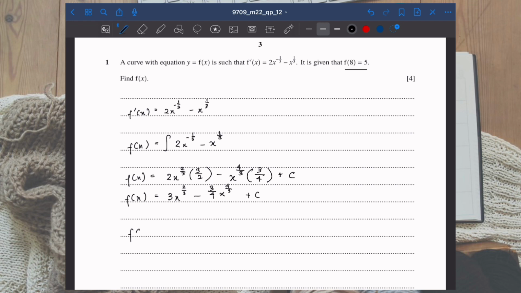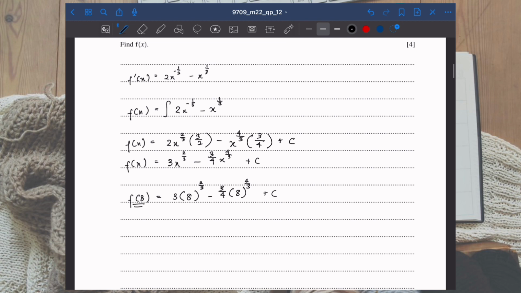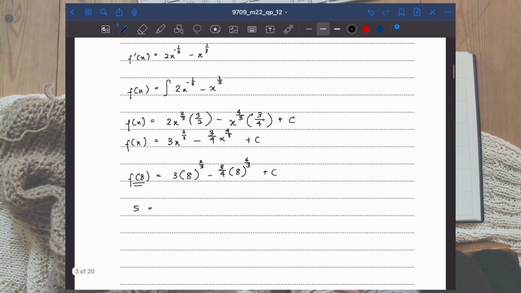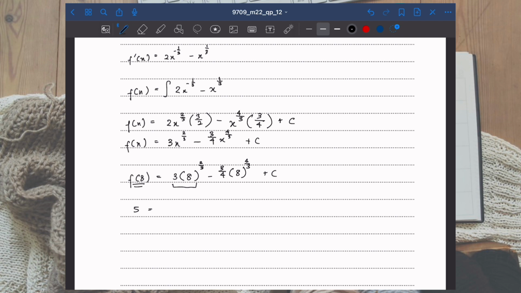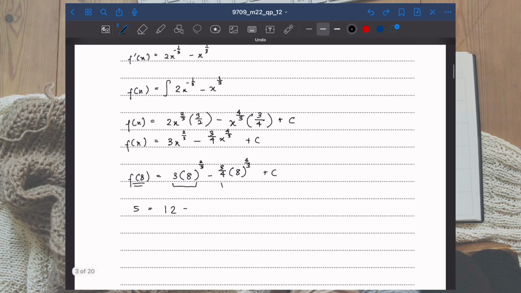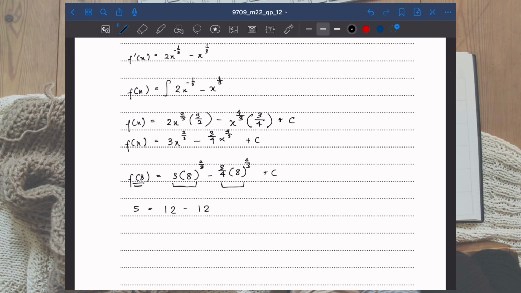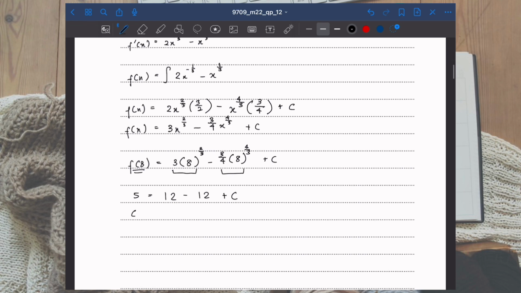So our f of 8 will be 3 times 8 power 2 over 3 minus 3 over 4 times 8 power 4 over 3 plus c. Our f of 8 is also 5, so 5 equals this here. 3 times 8 power 2 over 3 will be 12, minus this here is 12, plus c. So our c will be 5.